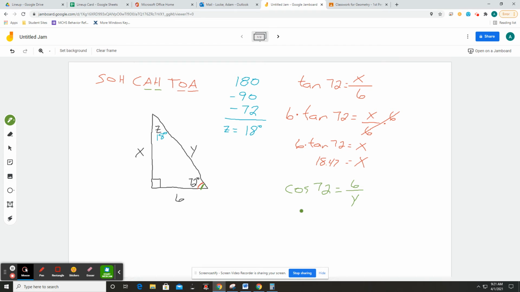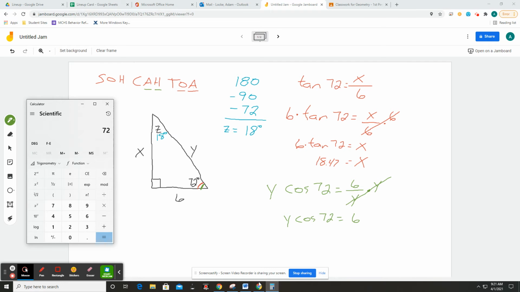Okay, kind of the same process here, except we're going to have to do one extra step. I'm going to multiply both sides by y, and that's going to get y out of the denominator. So it's going to cancel the y's on this side, leaving me y times the cosine of 72 is equal to 6. And remember, cosine of 72 is just a number. And sometimes I like to just punch this number in ahead of time so I know about what that decimal is.